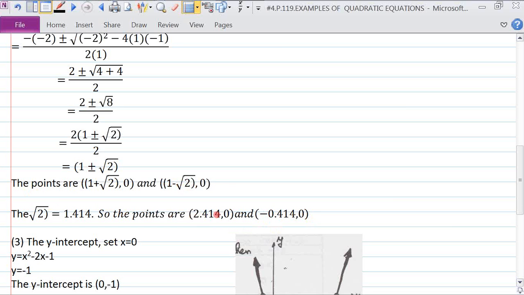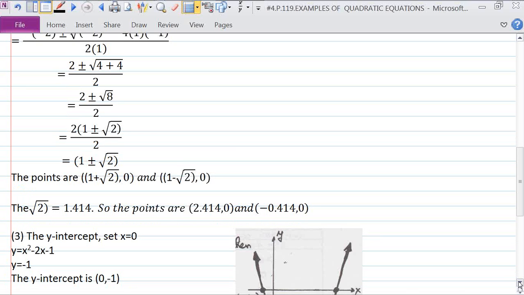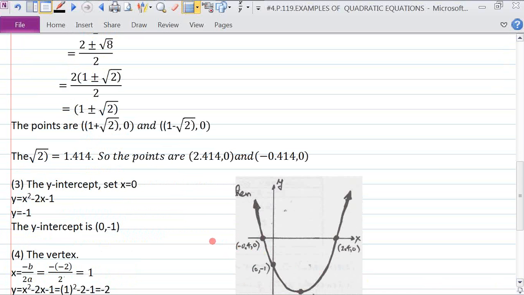So we get the 2 x-intercepts, 2.414, where the y value, of course, is 0, and minus 0.414, with the y value being 0. So these are these 2 points right here. 2.414, 0 is this one, and minus 0.414, 0 is this one over here. So these are your 2 x-intercepts.